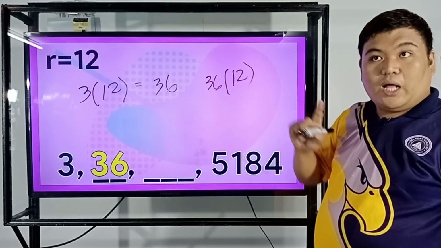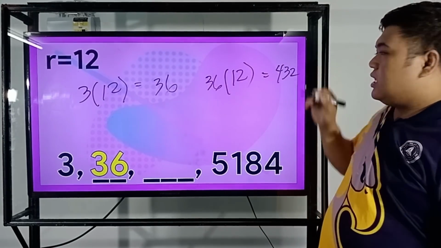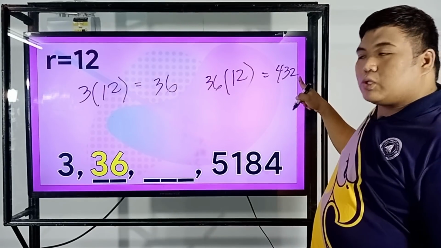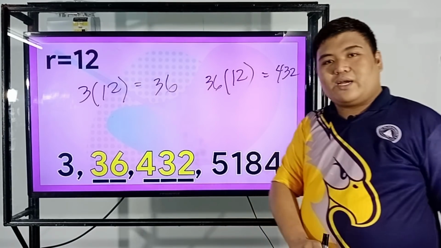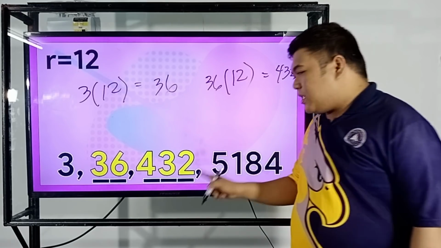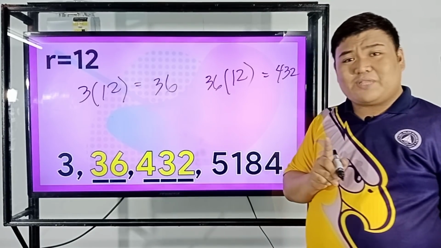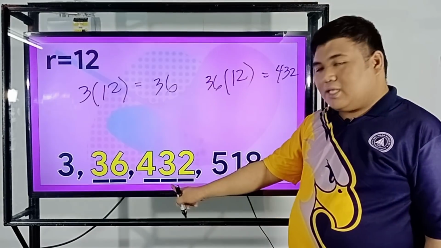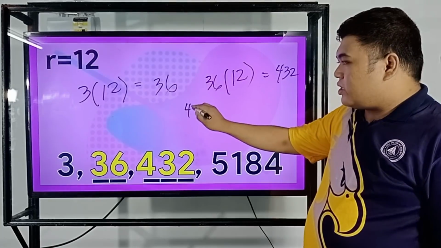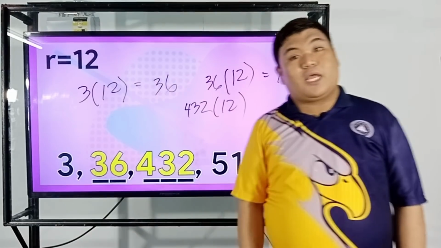36 times 12 is 432. At si 432 ang magiging third term ng geometric sequence. Now, paano ma-check kung tama yung sagot nyo? Yung huling number na nakuha nyo, si 432, i-multiply nyo rin dun sa common ratio.